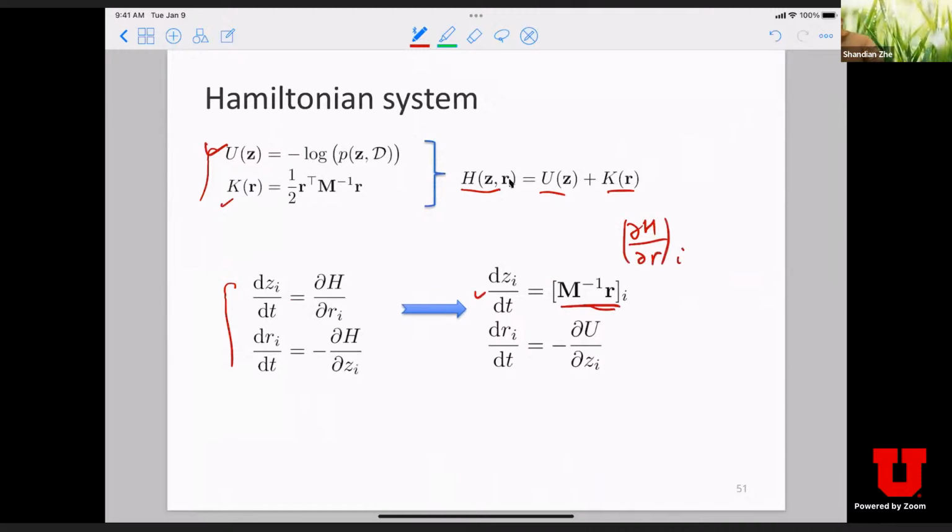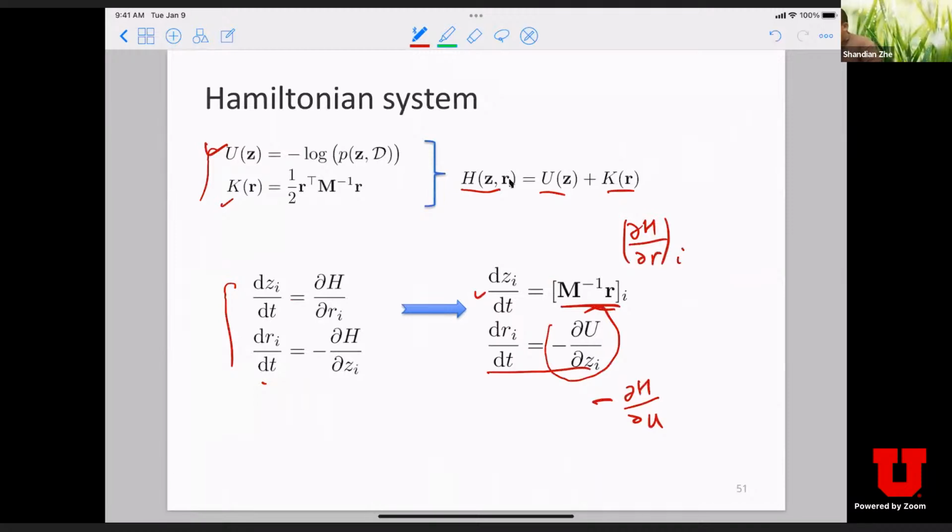And this one is very interesting. If I want to look at how our momentum elements evolve, according to the Hamiltonian system's rule, it is the negative partial H over partial Z. If you substitute everything, this is essentially the negative partial potential energy over partial Zi.